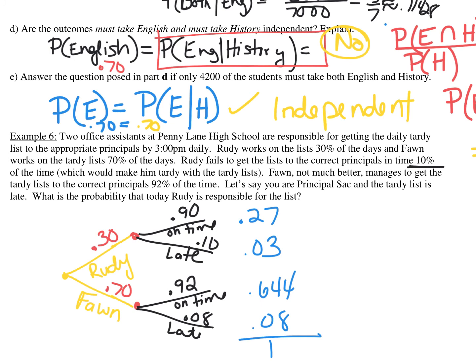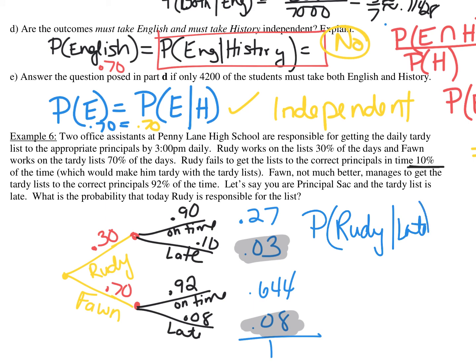Okay, now this is having us work backwards. Let's say that you're the principal and the tardy list is late. Okay, so where is it late? Could be this value or this value. What's the probability that it was Rudy who did it? Okay, so what's the probability that it was Rudy given that it was late is what we're asked to find. Beautiful thing is, this is like working through a tree diagram backwards.